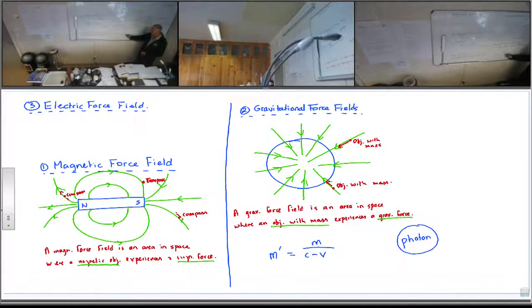But once the speed you're traveling is equal to c, what does your denominator become? 0. And what's the 11th commandment? Thou shalt never divide by 0. Because if you divide by 0, your answer becomes infinite. So your new mass becomes infinite.